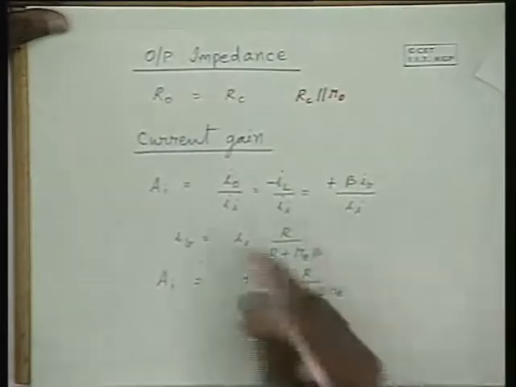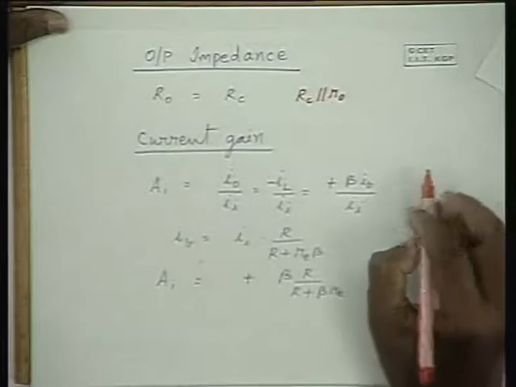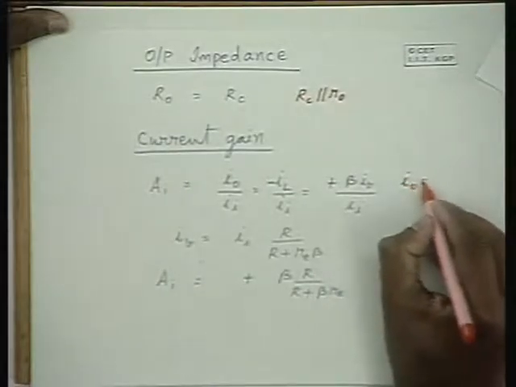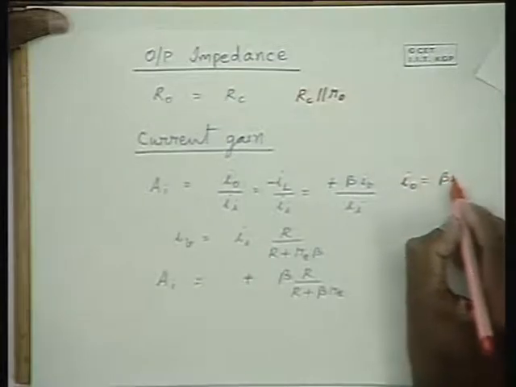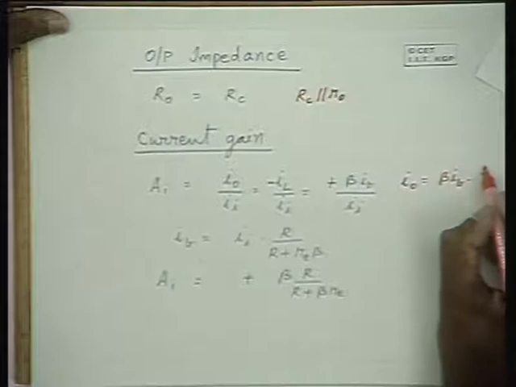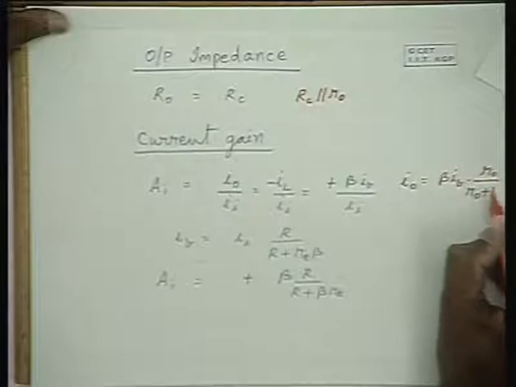Hence, in this analysis, this I0 is beta IB into R0 by R0 plus RC.